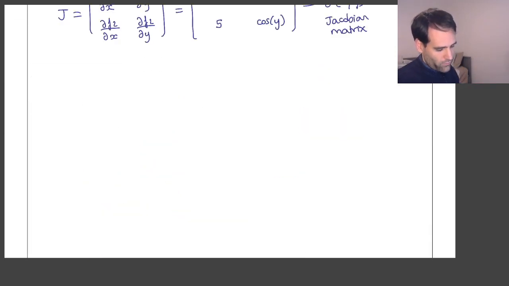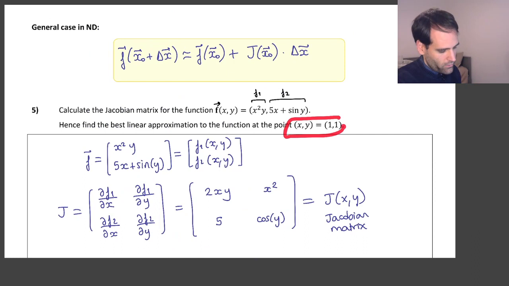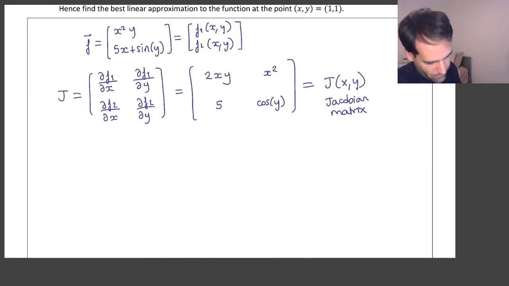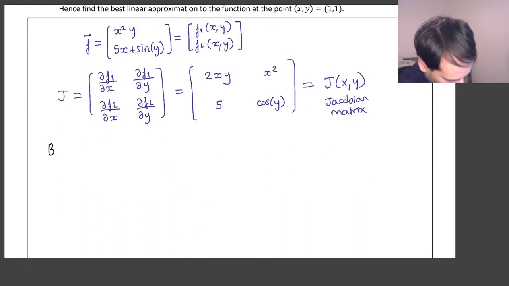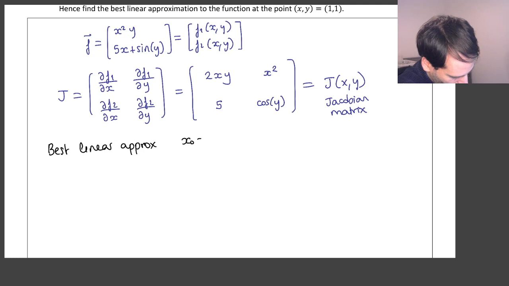So we need two values. That's why we have x0 equals 1 and y0 equals 1.